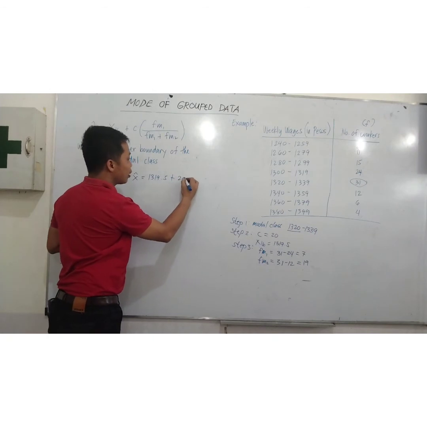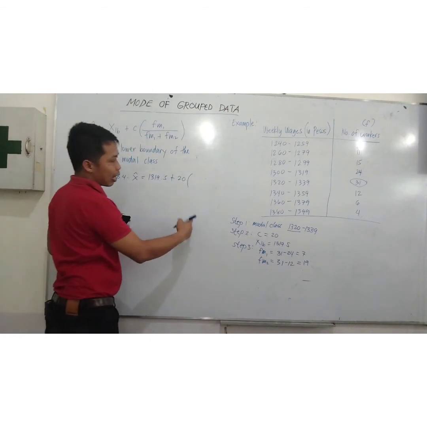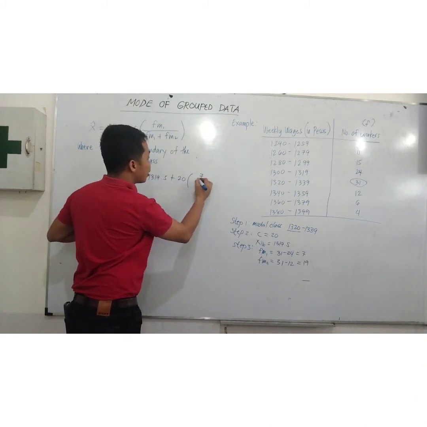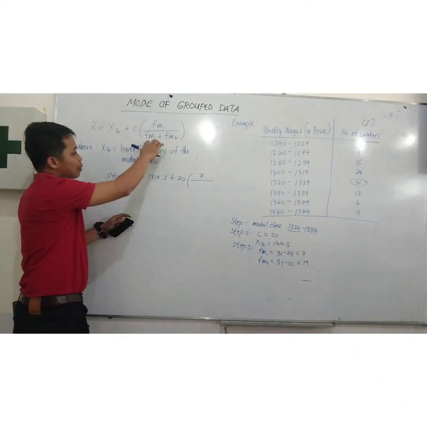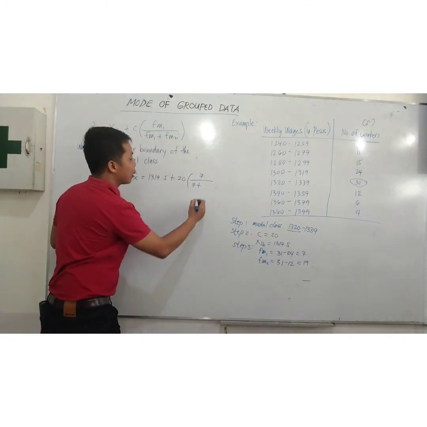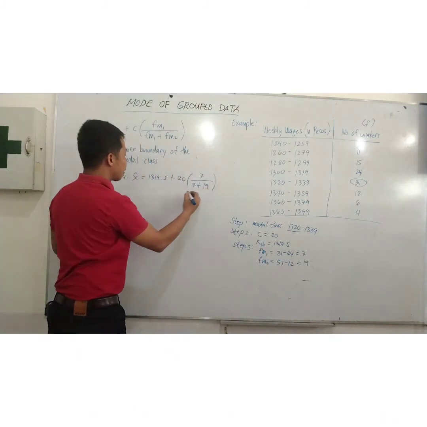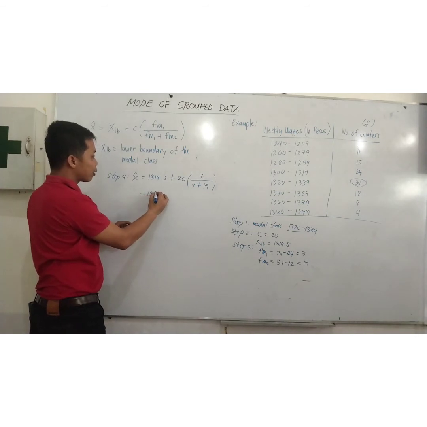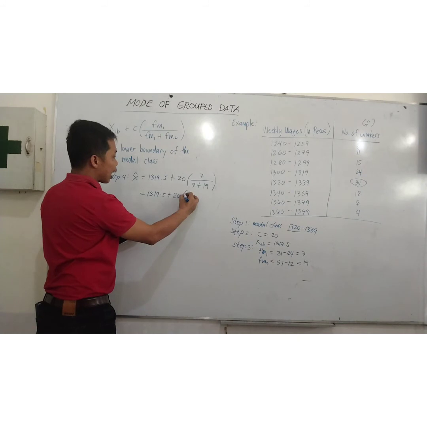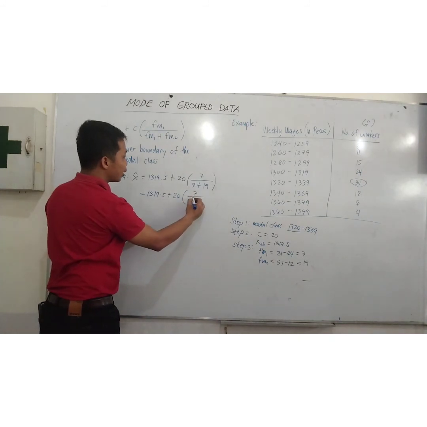C is 20, times fm sub 1, which is 7, over fm sub 1, 7, plus fm sub 2, which is 19. So simplify, we have 1319.5 plus 20 times 7 over 26, right?